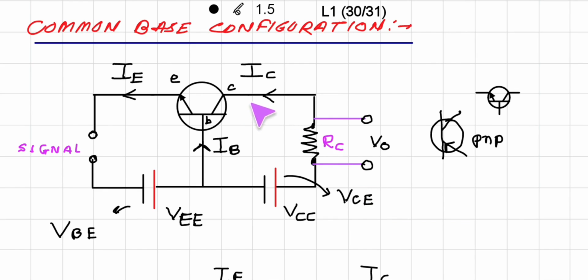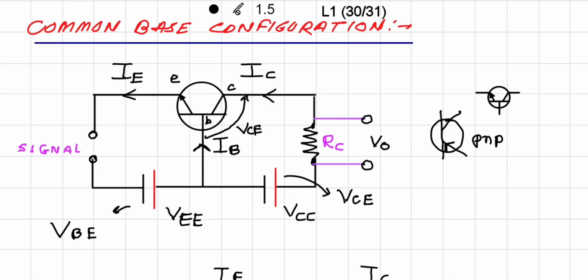Whatever voltage appears across this will be VCE. Again we are writing C first because the collector terminal is at higher potential, remember that. And here the main battery which is connected to the collector is written as VCC.